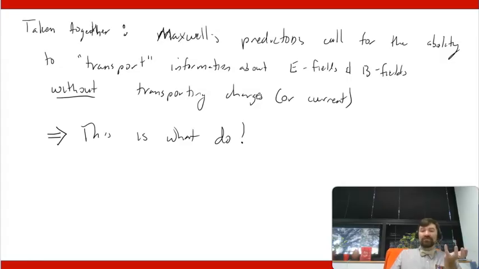A mechanical wave, you'll recall, you just have a vibration somewhere in the medium, and information about that vibration can be transmitted somewhere else in the medium so that you can detect it over here, without anything that's vibrating here moving over here. The same thing's going on with these electromagnetic waves. You have charges that are vibrating, essentially. They're accelerating, really. And you're able to detect information about that acceleration somewhere over here, even though none of these charges make it to this other location.